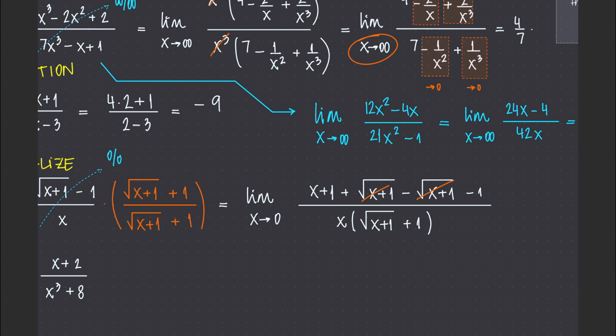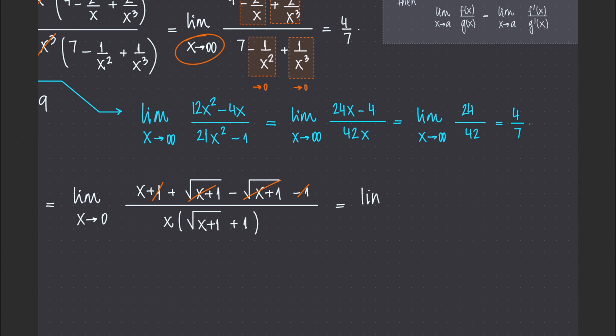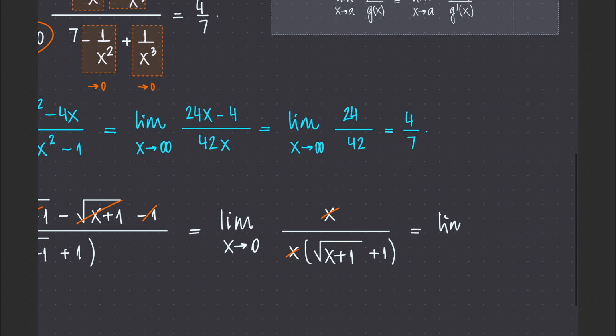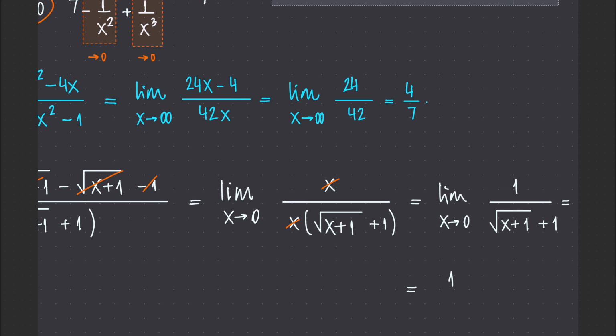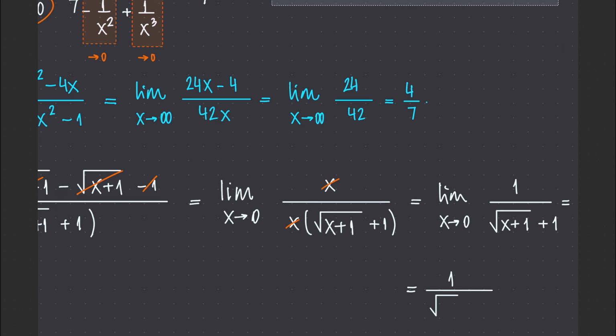So we can also simplify the negative 1 with a 1, so that in the numerator, the only thing that we have is x, which will finally be simplified with the x in the denominator as well, giving us the limit as x approaches 0 of 1 over root of x plus 1 plus 1. And at this point, we can substitute x by 0 because we don't have any indeterminate form anymore. So we have 1 over the root of 1 plus 1, also known as 1 over 2.